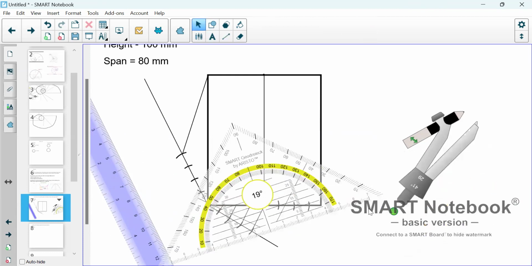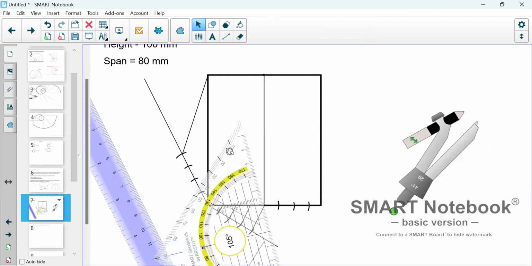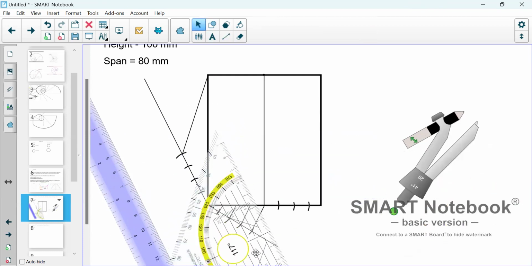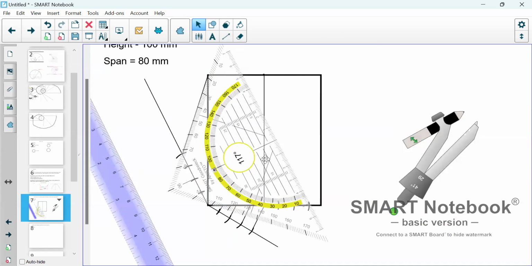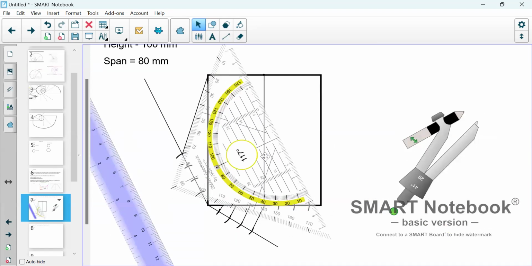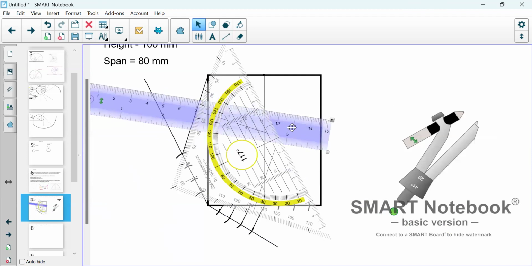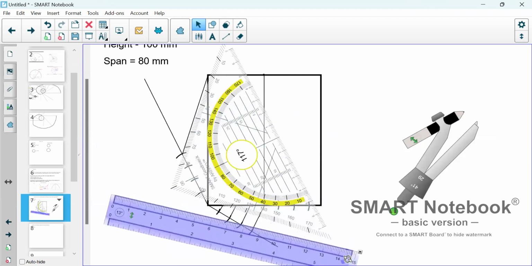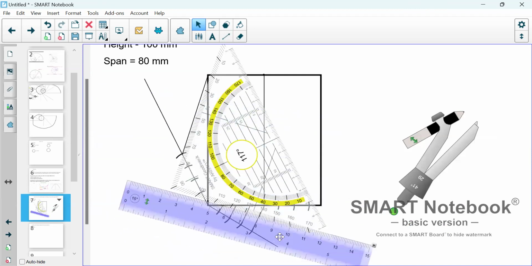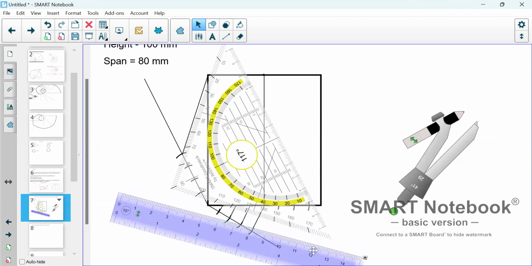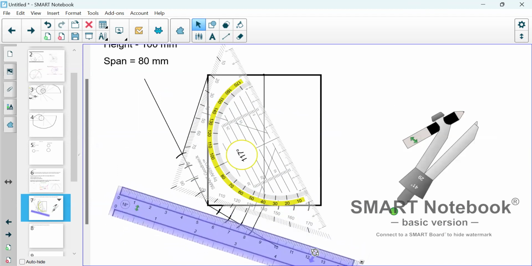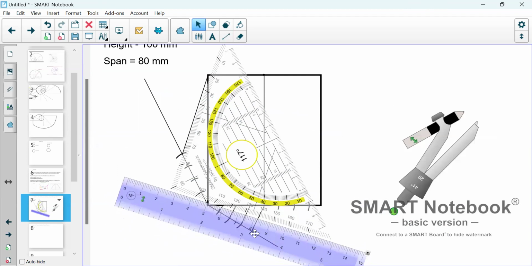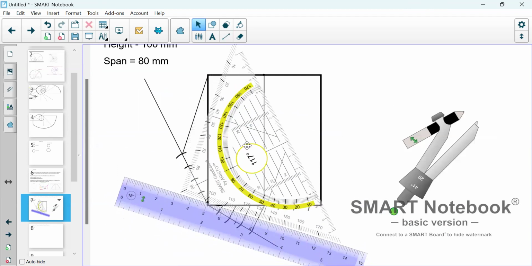And of course, we do the same on this side. We set the line, set it straight on the line, put the other ruler, the support. And we slide.